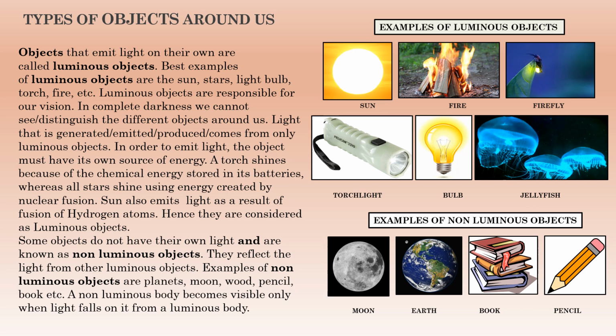Sun also emits light as a result of fusion of hydrogen atoms. What does fusion mean? When anything unites with something, this is known as fusion. Hence, they are considered as luminous objects.